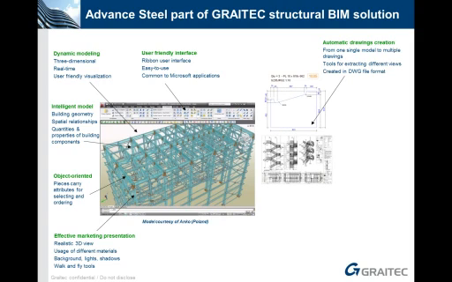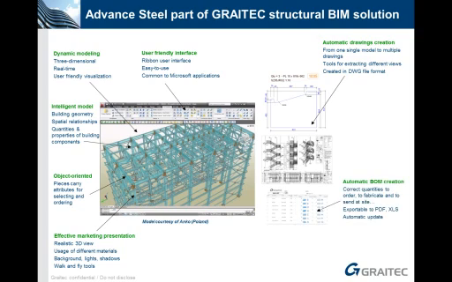What is very important is that from this 3D model, we get all the documents automatically. We get drawings, workshop drawings, general arrangement drawings, but also bill of materials and NC files.